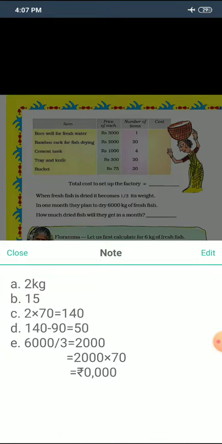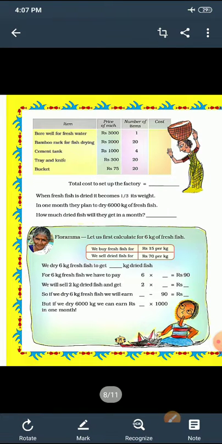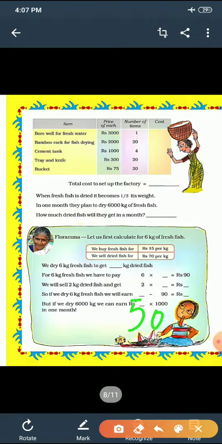Yes or no? So when you will subtract 90,000 from 1,40,000, you will get 50,000. So what will come here? It will be 50 that will come here.